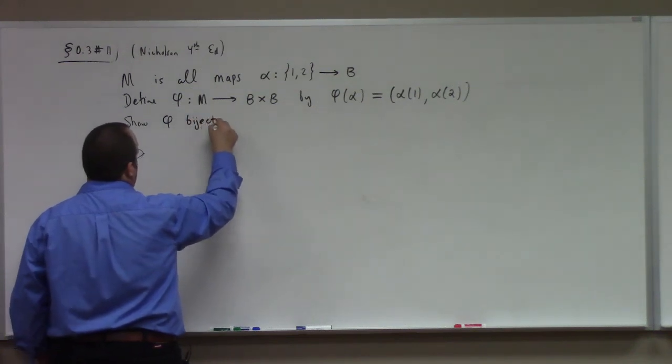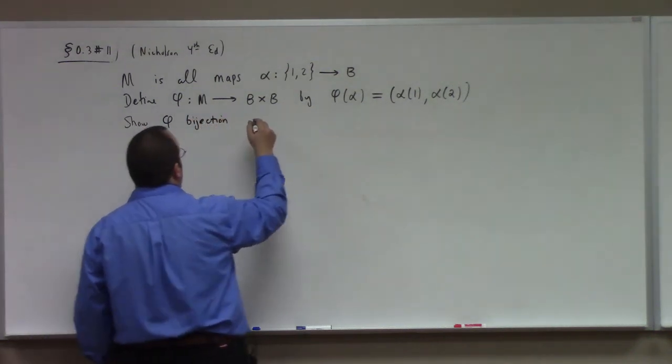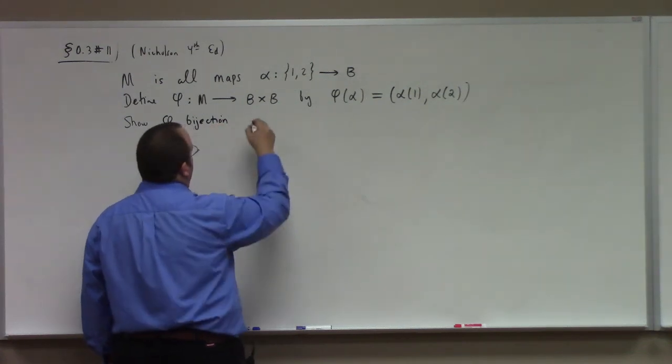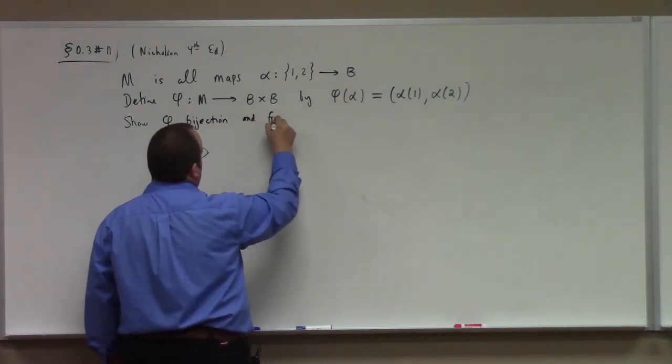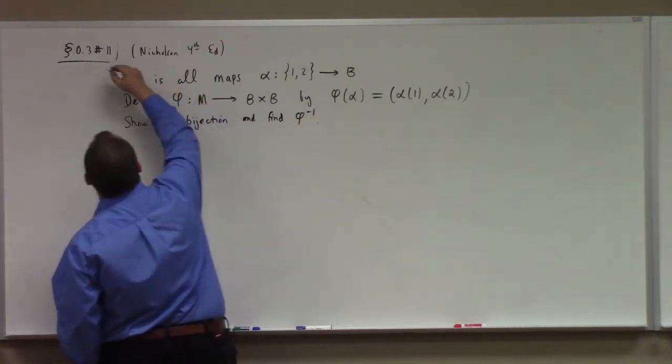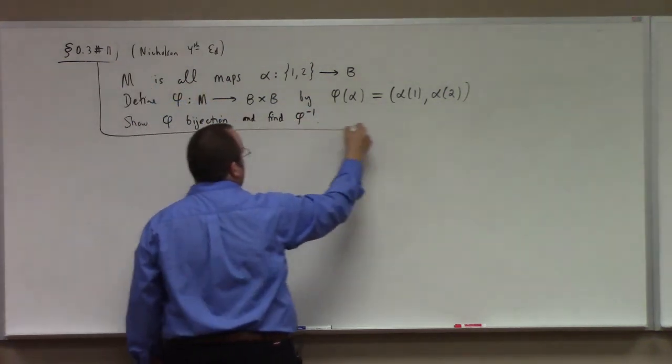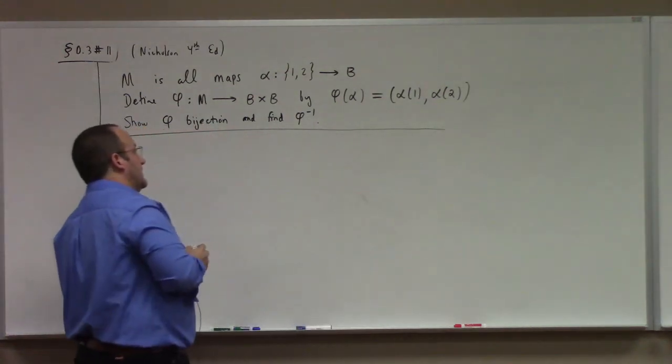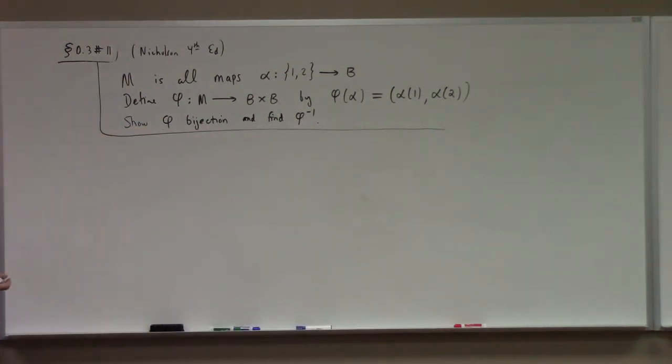We could do that and find phi inverse. But my point here would be, we have a theorem that says that if the inverse exists, the function is a bijection. So if we could find the formula for the inverse and prove that it's actually an inverse, I think we'd be done.